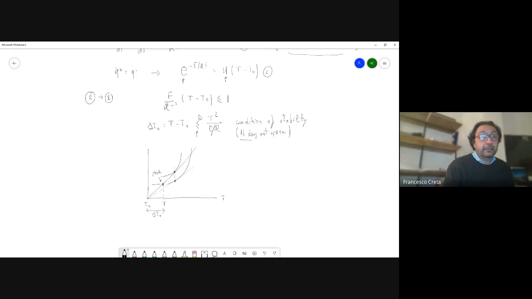But in any case, this will be the upper bound of delta T0. So the upper limit. After this delta T, the system is going to explode, because no matter what, Q plus is bigger than Q minus. So you've heated your system too much.